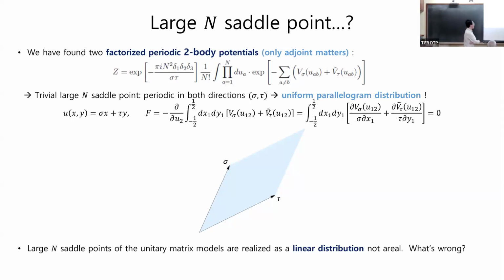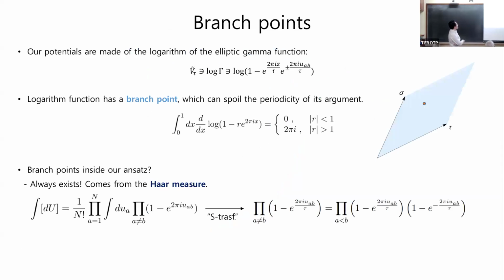So what's wrong with this saddle point? Our potentials are made of the logarithm of elliptic gamma functions, meaning that they will have many branch points. And if some branch point of the log is inside our parallelogram region, then it will ruin our periodicity argument, because if you integrate circling this branch point, it will not give you 0.